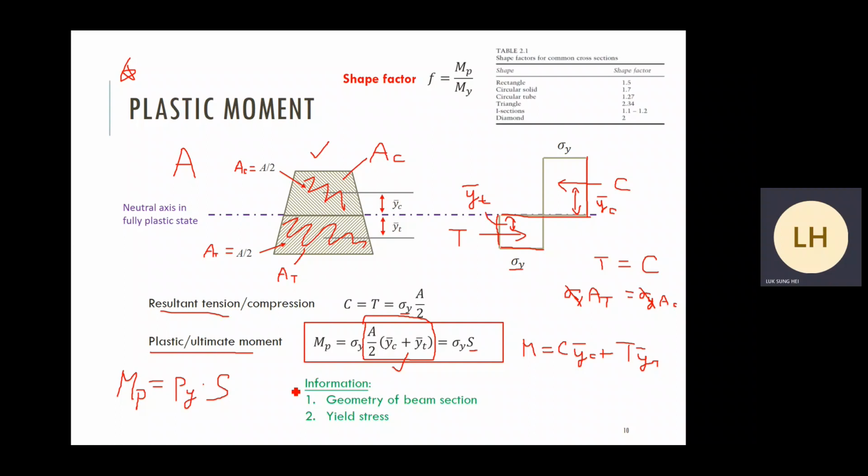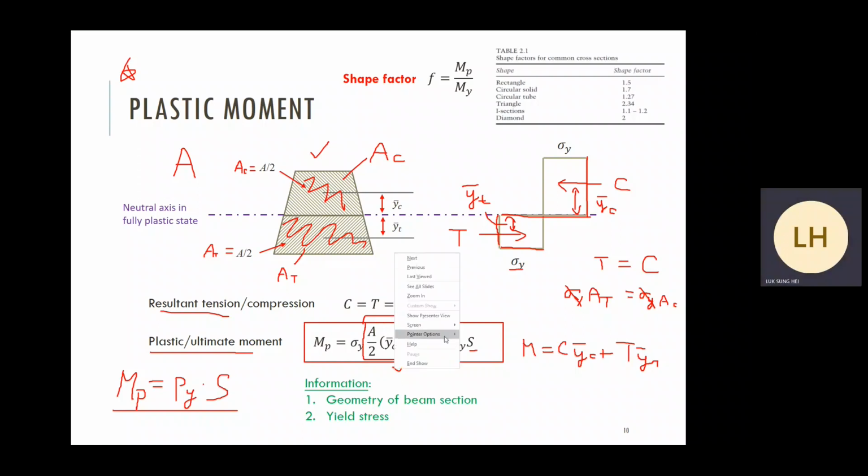I will not ask you in exam, don't worry, but I think it's good to remember some important things. You can use this formula for class 1 section, class 2 section, in which the local plate buckling is not quite severe. Otherwise, if local plate buckling is quite important, then we divide that as class 3 or class 4 section. For class 3, class 4 section, they cannot develop this fully plastic moment.